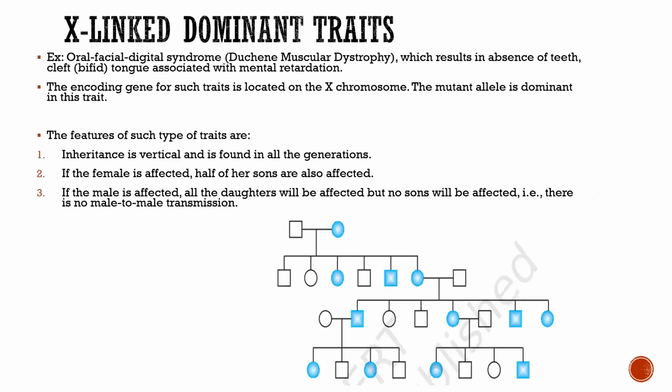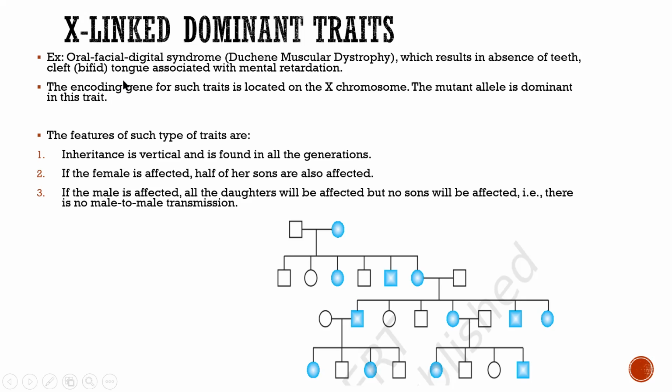The next condition is X-linked dominant trait. Where you find this type of trait or character is in oral facial digital syndrome, which results in absence of teeth. The individual who has this character will not have teeth, or the tongue will be bifid, and it is also associated with mental retardation.